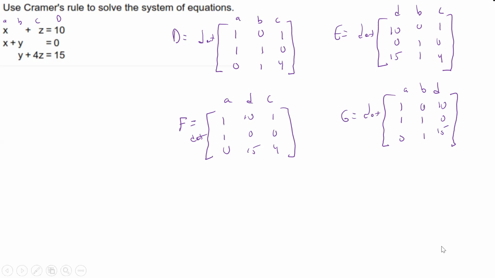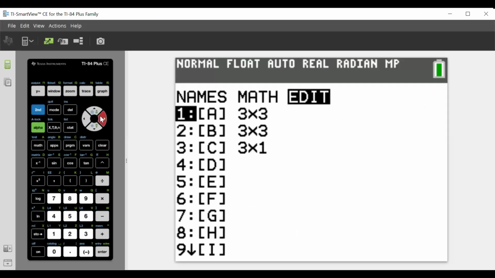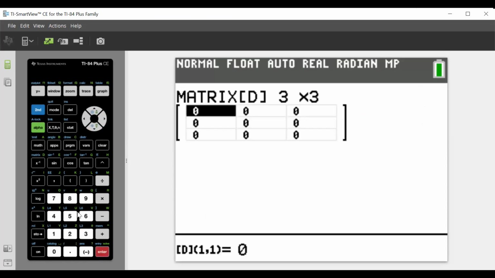So we need to plug those all into our calculator to start with, because we're going to go ahead and use our calculator to do this. And so when we do that, let's go ahead and say clear and matrix. And now we're going to call them what they need to be called. So D will go to D, and it's going to be a 3 by 3. And D was 1, 0, 1, and then 1, 1, 0, and then 0, 1, 4.